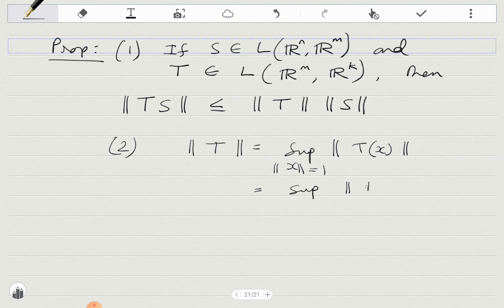I can take norm Tx, divide by norm x, and take the sup over all non-zero vectors. So we have three ways of writing down the sup. They all give the same answer. So let me start with the first one.